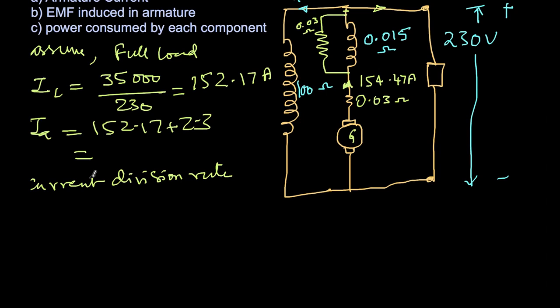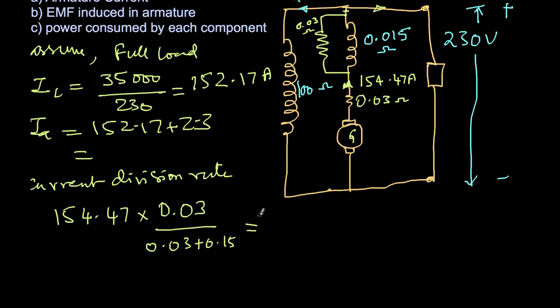So when the total current is 154.47, and if I want to find the series current, then you take the opposite resistance, 0.03, and divide by the total resistance, the addition of these two, 0.03 plus 0.15. This will give me the current in the series field winding.